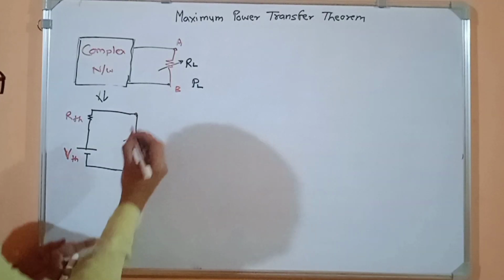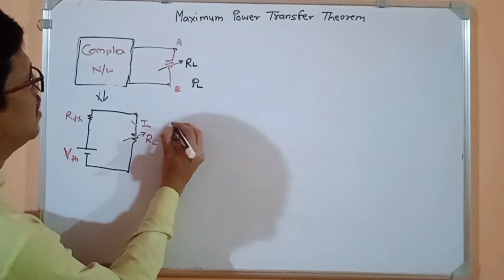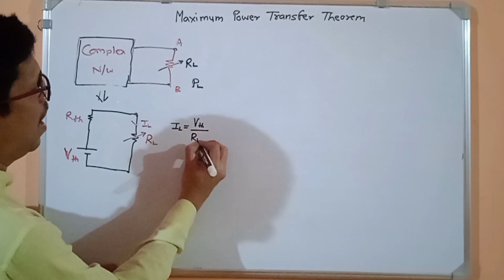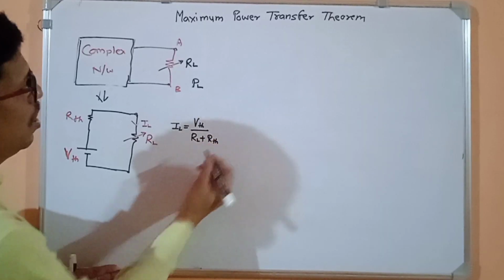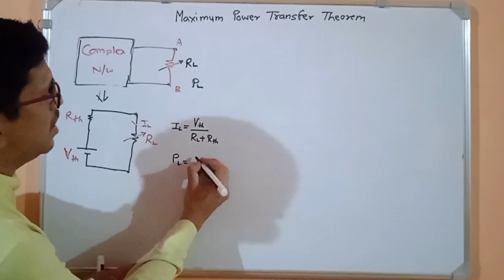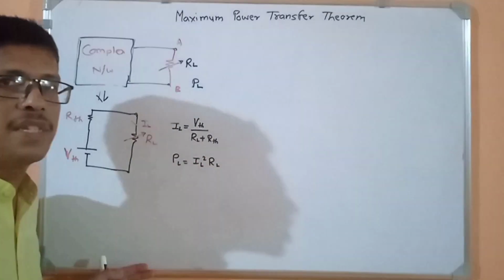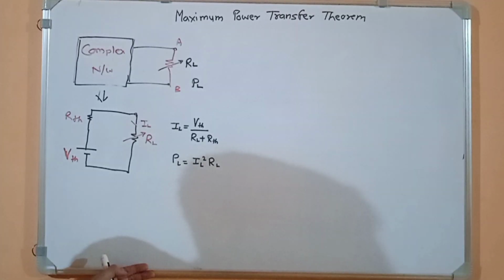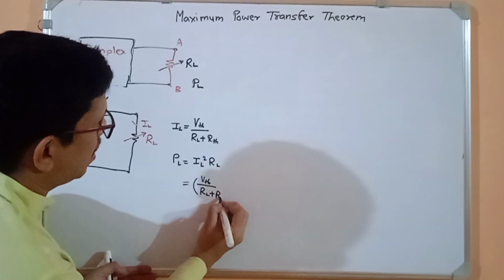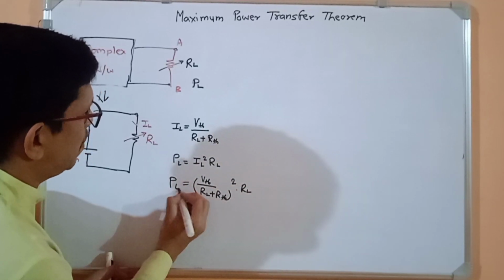As per the Thevenin's theorem, the current flowing here is IL, and IL is equal to VTH divided by RL plus RTH, and the power of this load is nothing but IL square RL. So PL is VTH divided by RL plus RTH, the whole square, into RL.